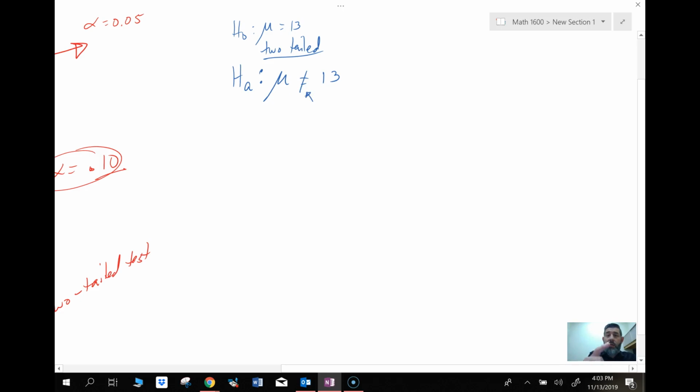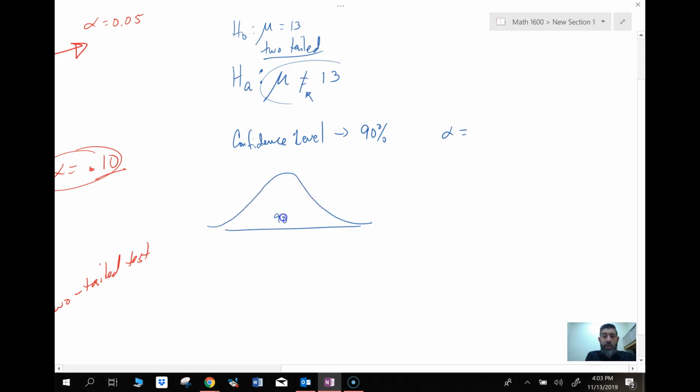So what is my corresponding alpha? Well, I need to know my confidence level. Let's suppose my problem says that my confidence interval has a confidence level of 90%. What is the corresponding alpha level going to be? Well, let's think about it. I have a two-tailed test, so the picture is going to look like this. 90% in the middle.